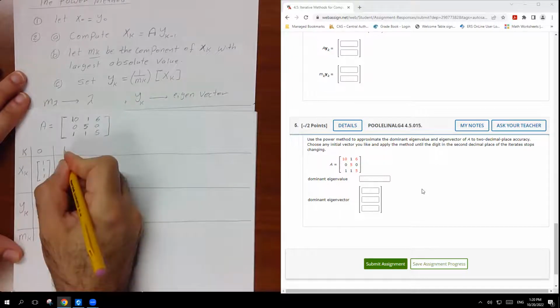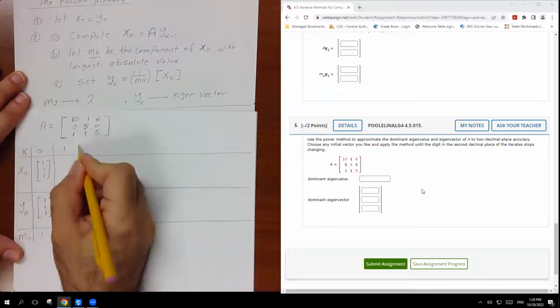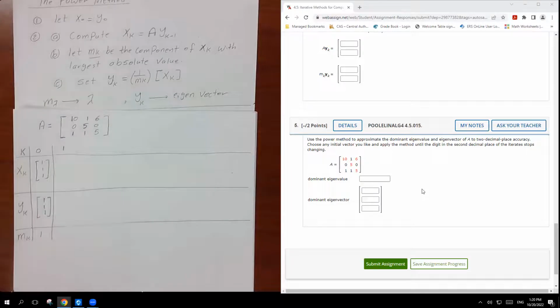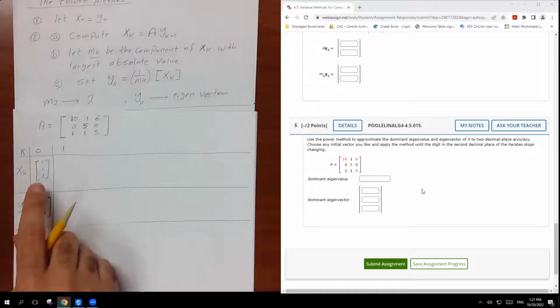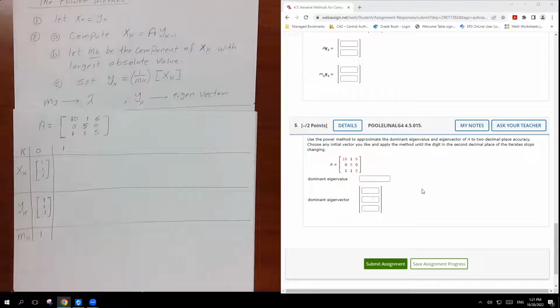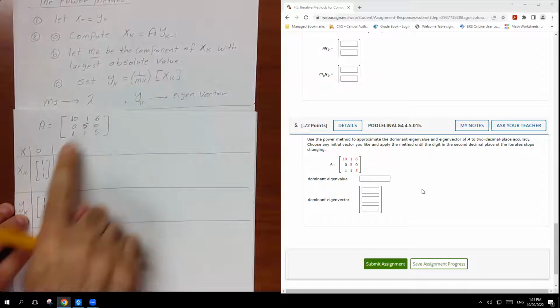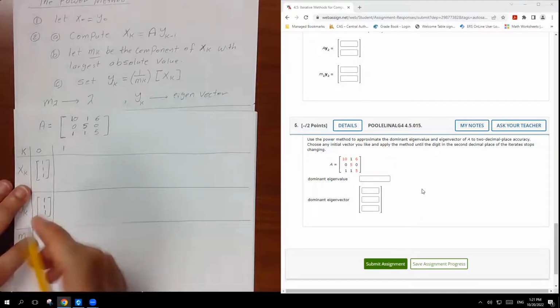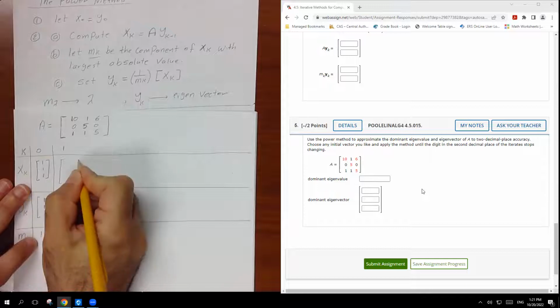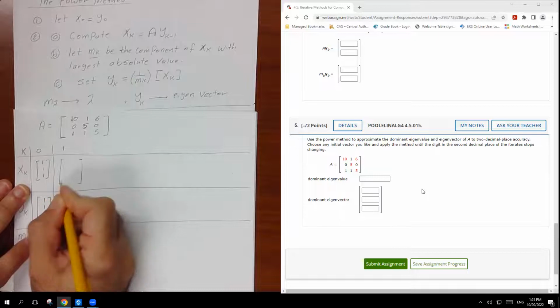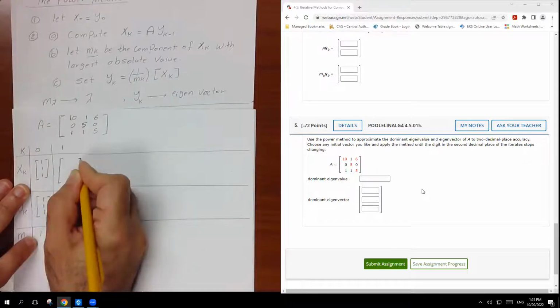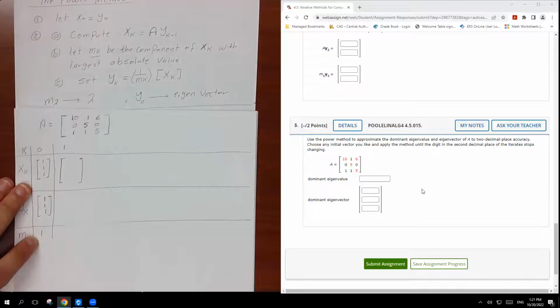Now, when k equals 1, how are we going to find that? You're going to do exactly the same thing. How to find xk? To find xk, you have to multiply A times yk. That means multiplying this matrix times 1, 1, 1.